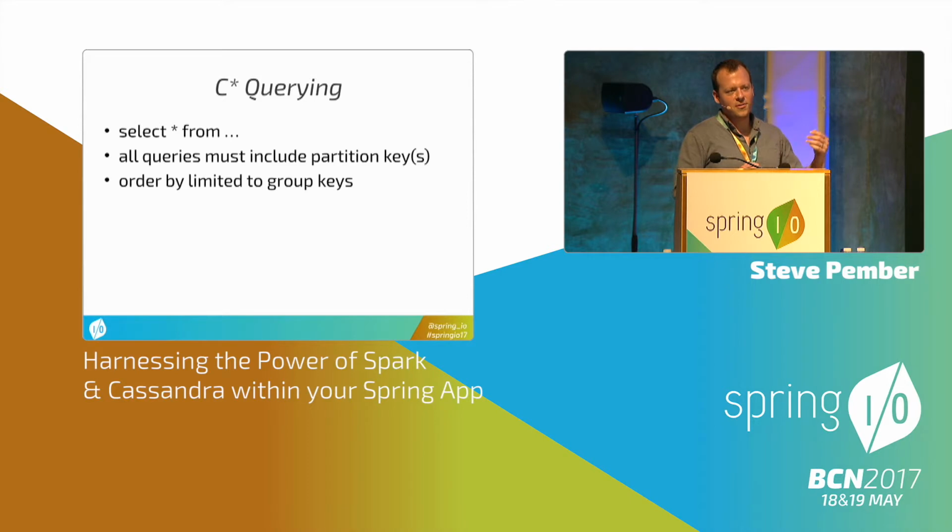So if I were partitioning by symbol and by year, for example, all my queries would have to be by symbol and by year. And I can only order by anything I've identified as a group key, because again, the data is all saved on disk close together, grouped by those order keys. So it would be non-trivial to allow you to group things when the data is not close together on disk.